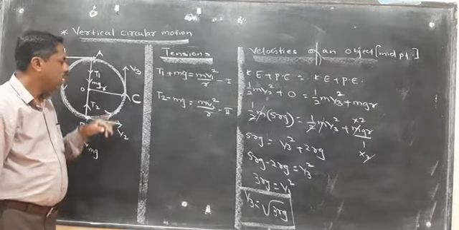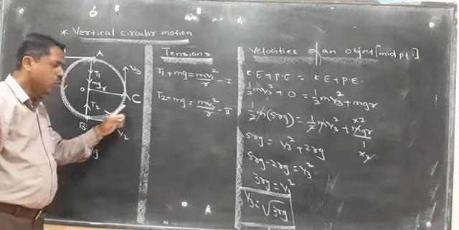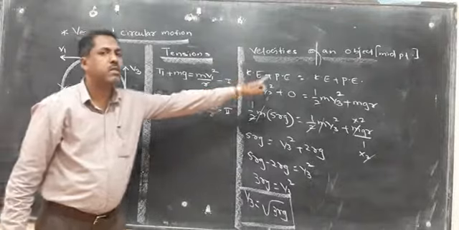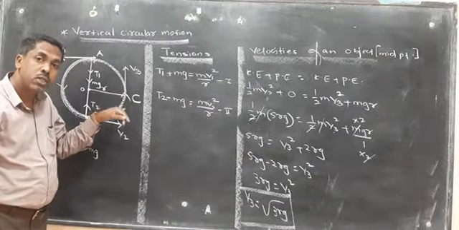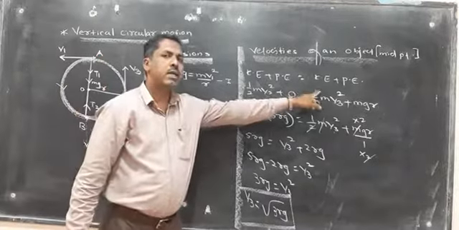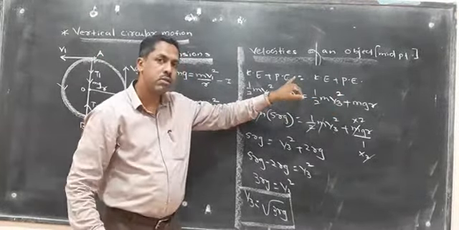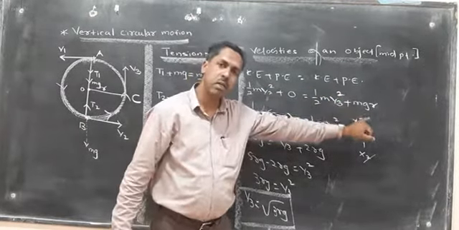How? At the midway position, the object is moving from bottom in the upward direction. At the bottom, certain kinetic energy, certain potential energy. Moving upward towards point C, certain kinetic energy, certain potential energy. At the bottom, 1/2 m v2 square, potential is 0. Kinetic at point C, 1/2 m v3 square, its potential mgr.